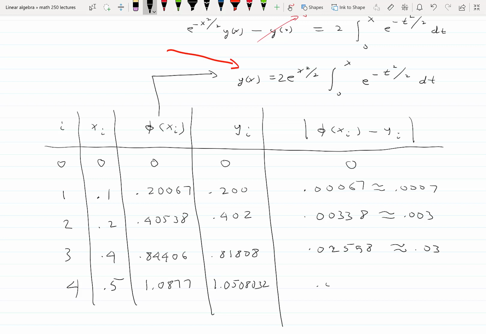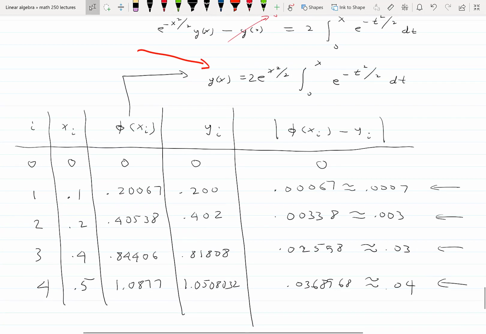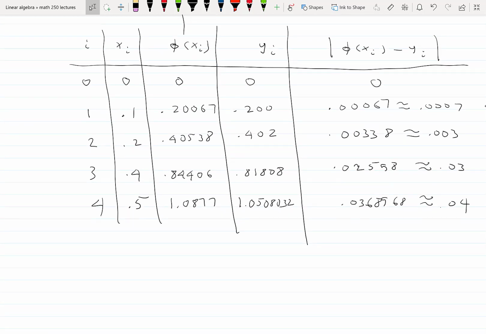Error is about 0.0368968, or just rounding off, 0.04. So we kept 1 decimal place of accuracy, but our approximations got worse and worse. We went from 3 decimal places to 2 decimal places, and leveled off maybe at 1 decimal place of accuracy. So if we were to take more and more x values, we'd probably lose more and more decimal places.